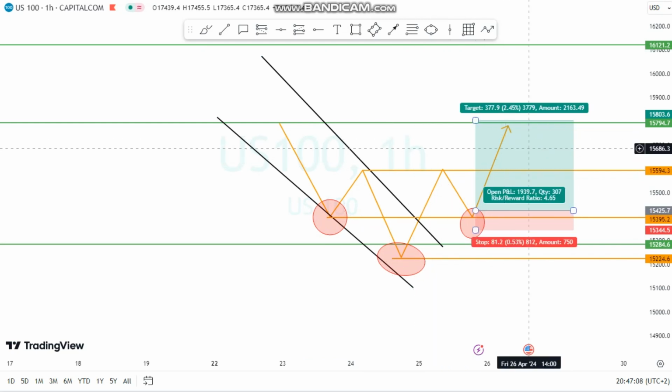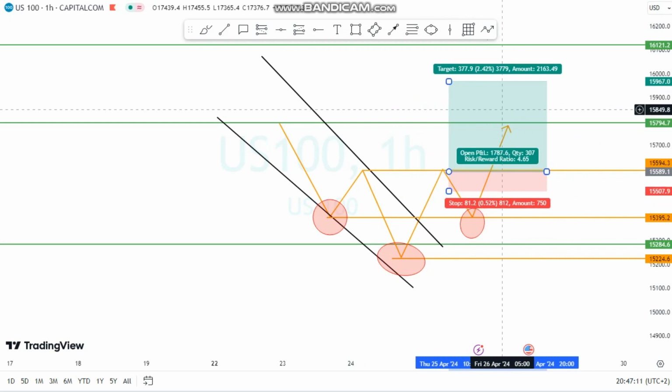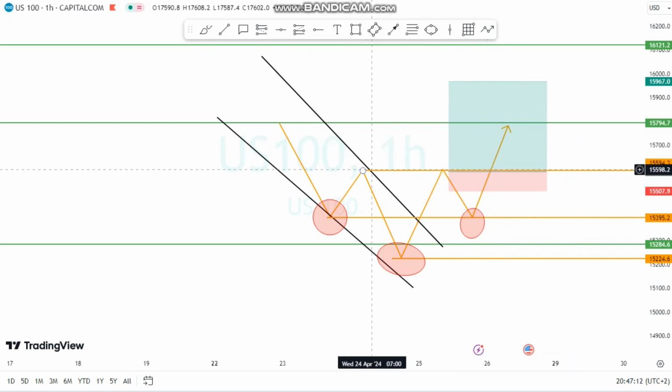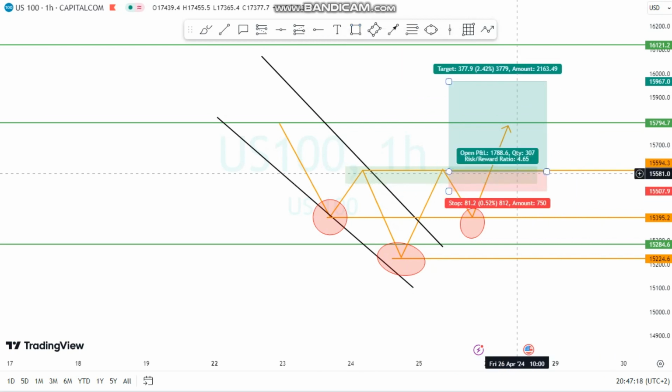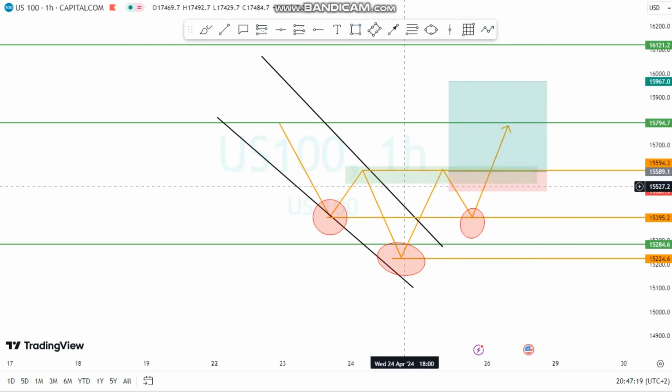Textbooks are normally going to tell you that you're going to take your trade on the neckline.